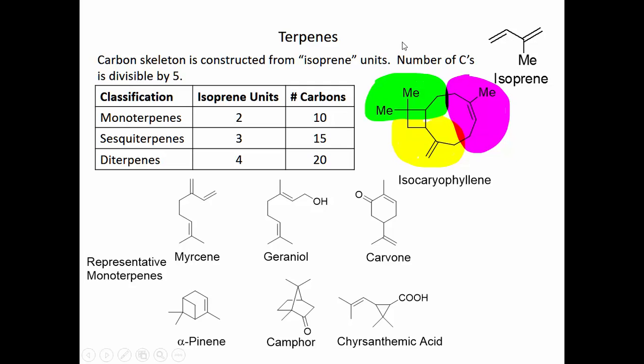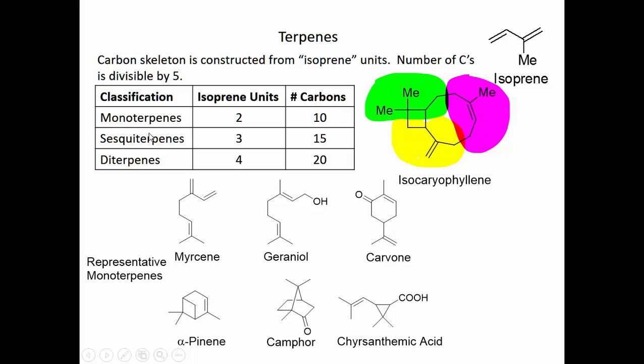We're going to classify terpenes based on how many isoprene units are making them up. What we're going to find is that the carbon skeletons always have numbers that are divisible by 5, because they arise from the 5 carbons of isoprene. So a monoterpene is going to have 2 isoprene units, and it's going to be 10 carbons.